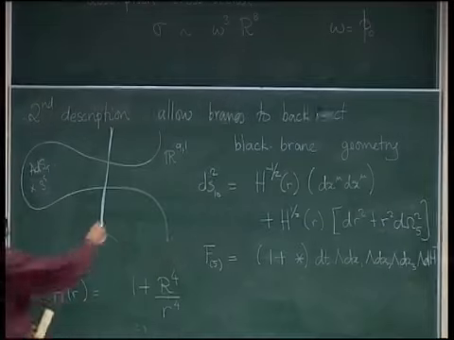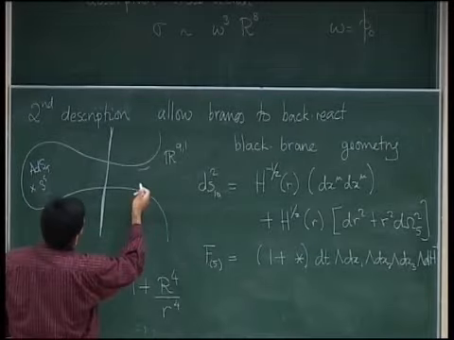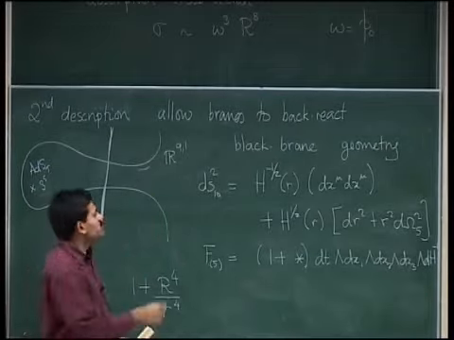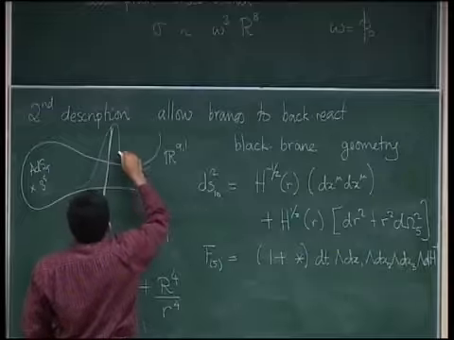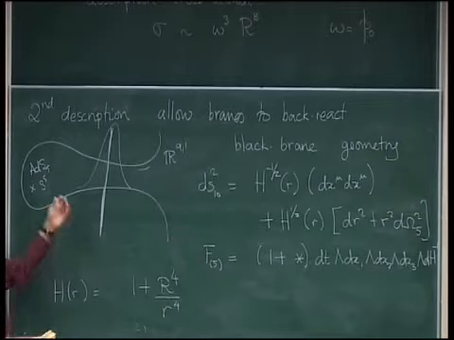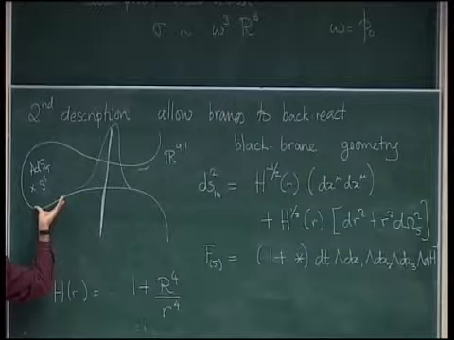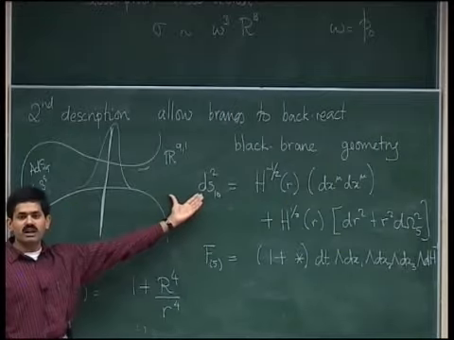They come in a little bit and then find that they don't want to go in. So there's a huge potential barrier between the near horizon region and the asymptotically flat region.